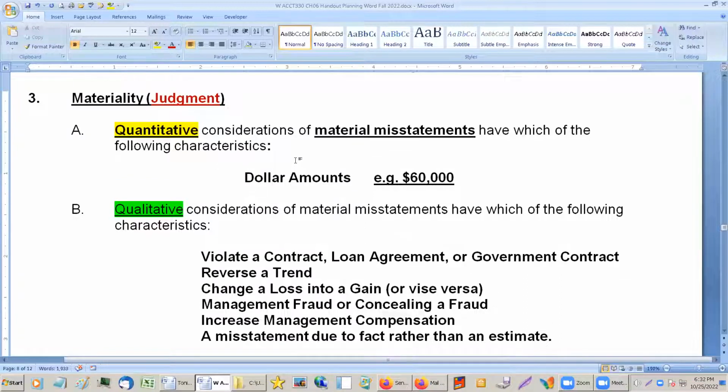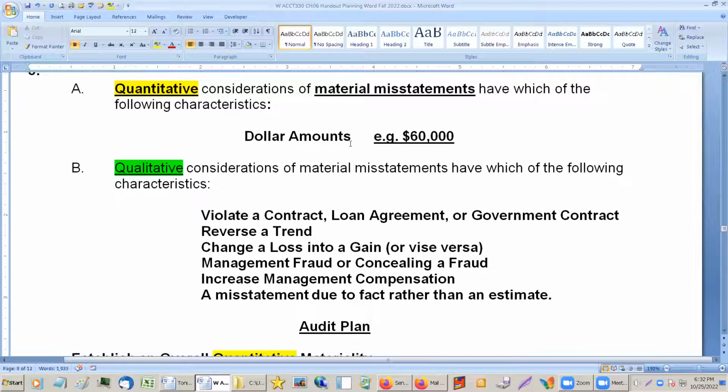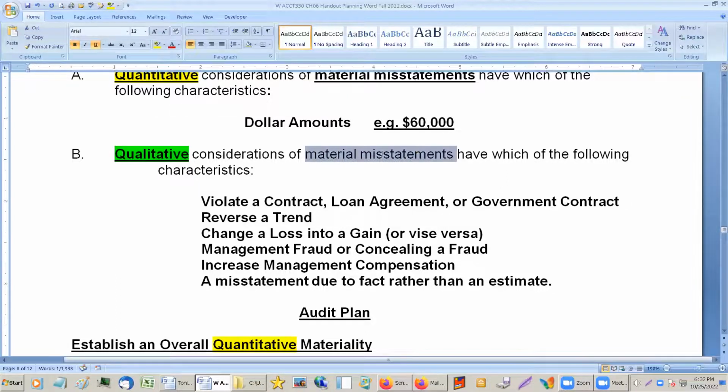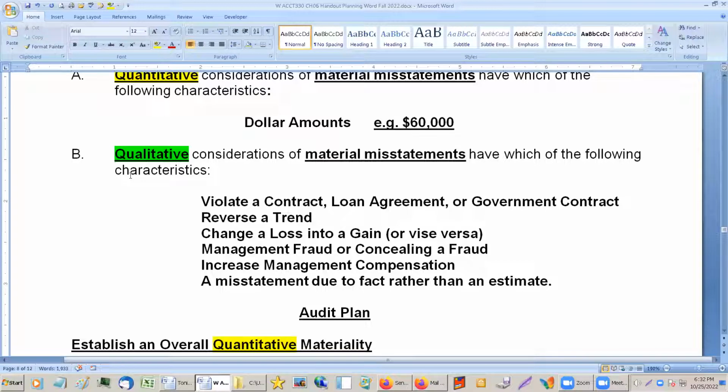Okay. And again, this amount, we'll find some rules of thumb we'll do later on to come up with this. But there is another side of these, and that is, there are things beyond simply the dollars that make something material.